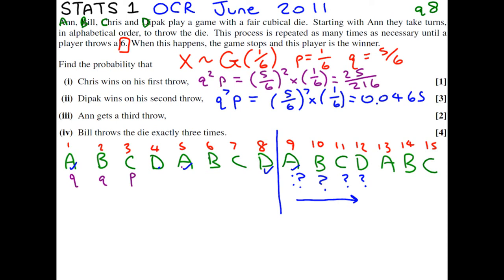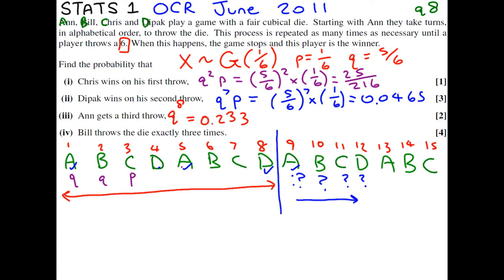So all we care about is all these probabilities. If we look, there's 8 turns and they all have to be fails, so it's going to be q to the power of 8, which is 0.233.